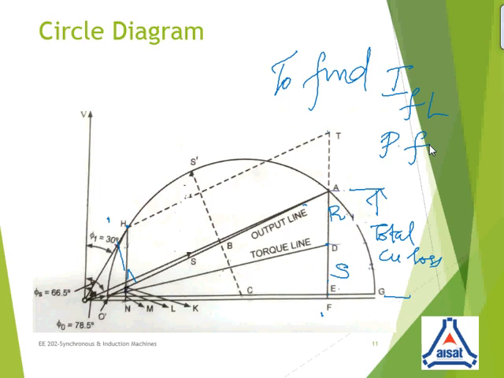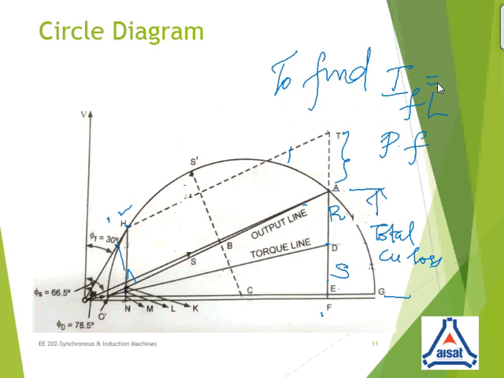To get the full load operating point, that is point H, this is the method. Get your output power notated, which gives you point T. From T, draw a parallel to the output line which touches your circle diagram at the point H, and this point H is known as the full load operating point.